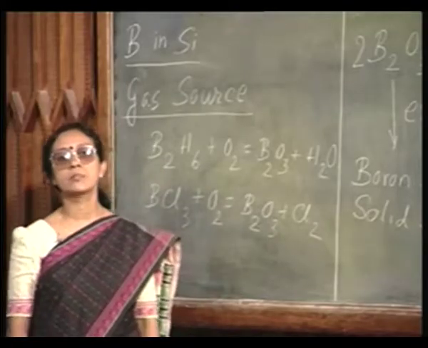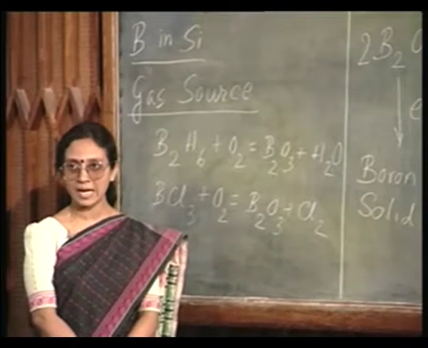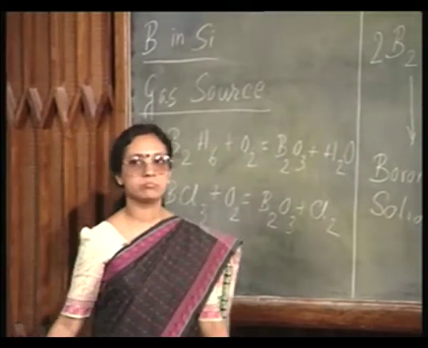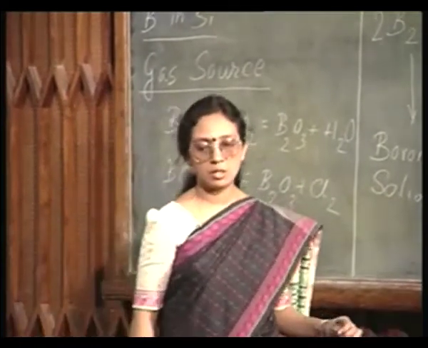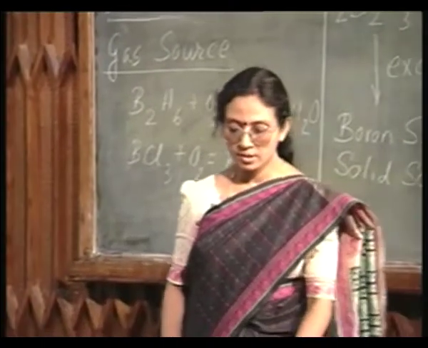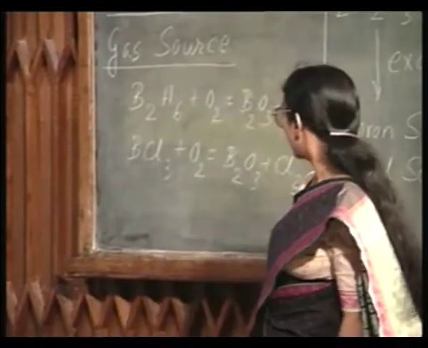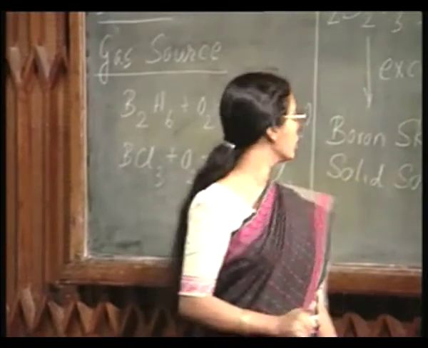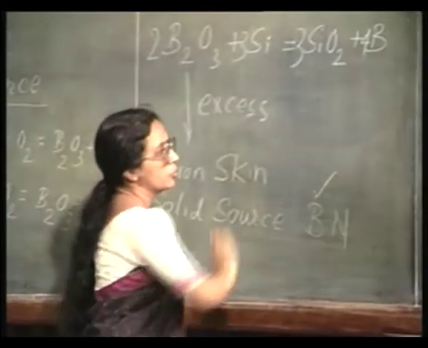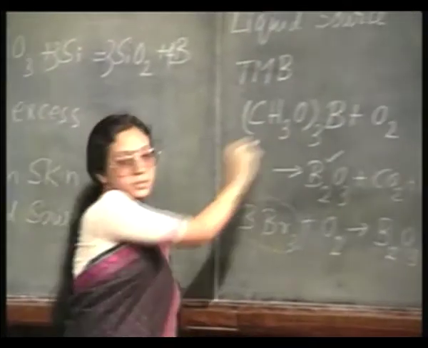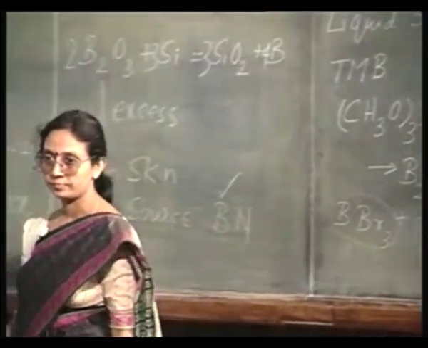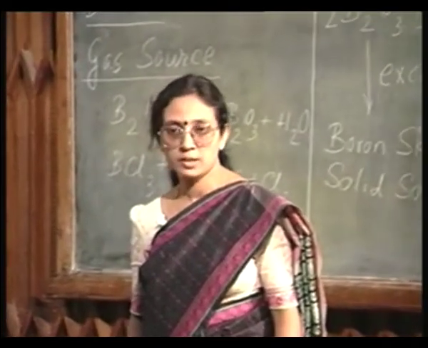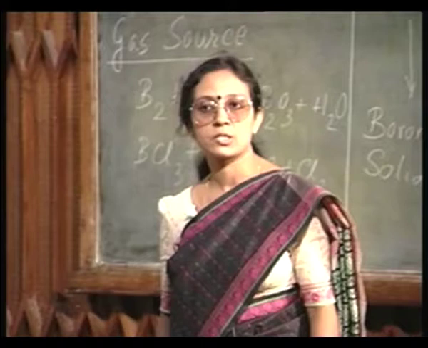But then again in small quantities chlorine is not bad, it will help in gettering. In fact, sometimes boron trichloride is used for these purposes, although the more popular sources are boron nitride and trimethyl borate. So, these are the choices of solid, liquid and gas sources for boron.